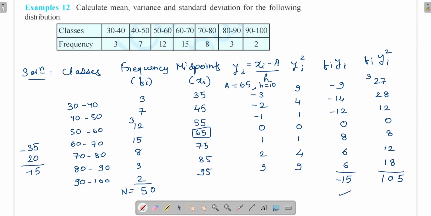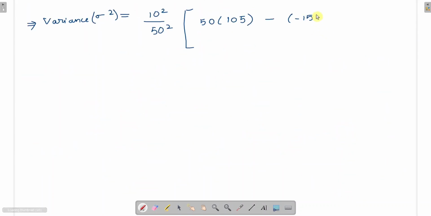Okay, so this is equal to 100. 10 square is 100, 50 square is 2500.